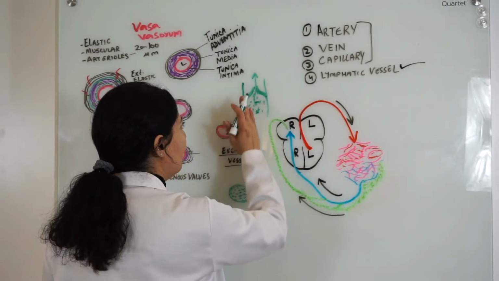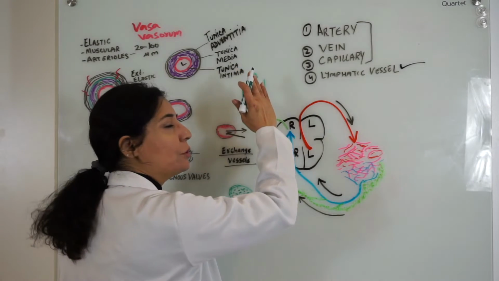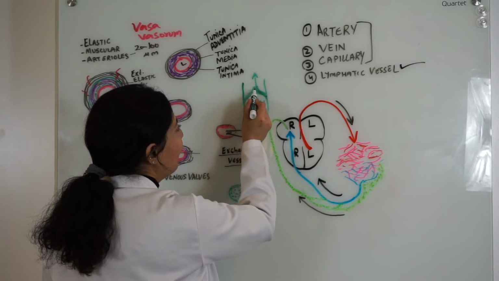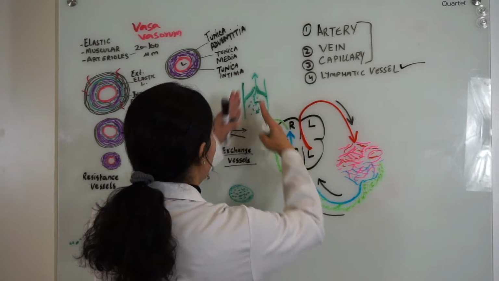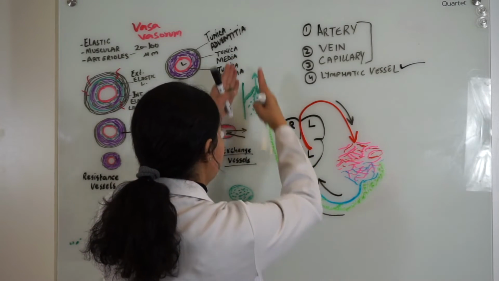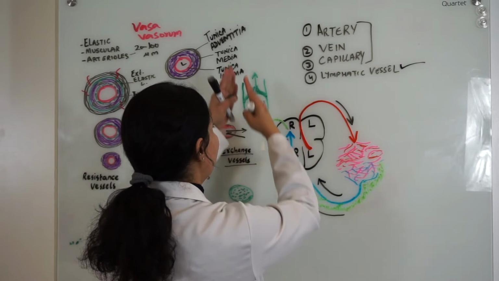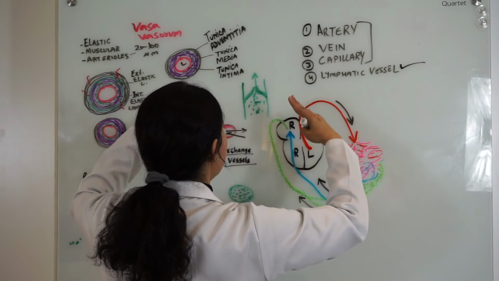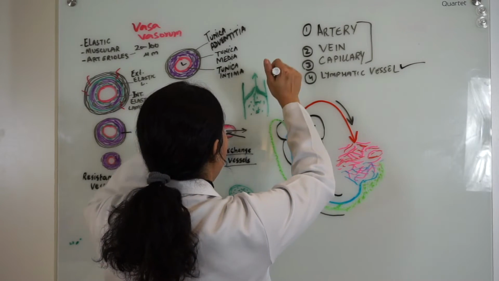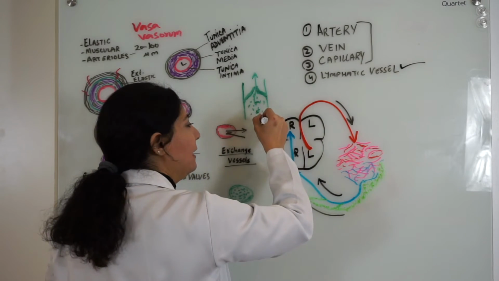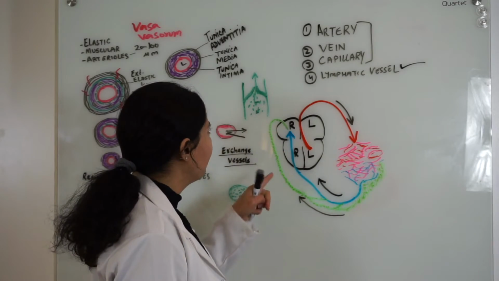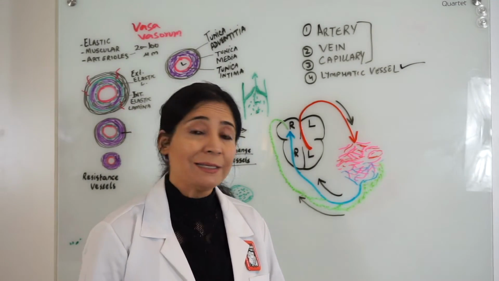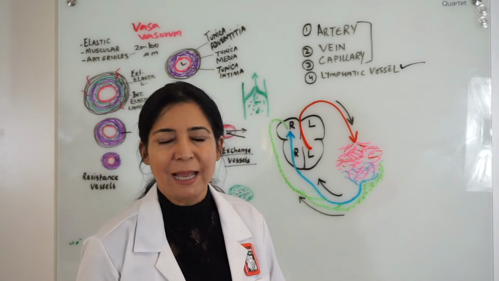So lymph is running towards the right side of the heart, and once the lymph has been pushed into the vessel against gravity towards the heart, these valves close, they just get shut, and they completely prevent the backward or retrograde flow of lymph towards the tissue spaces. So it's pretty much a similar arrangement as in large veins.